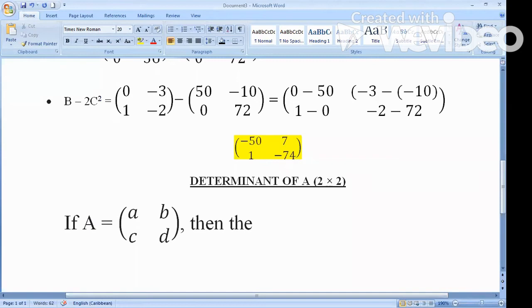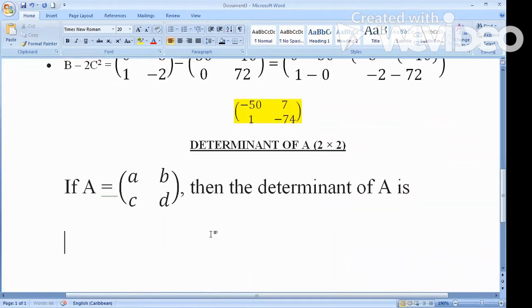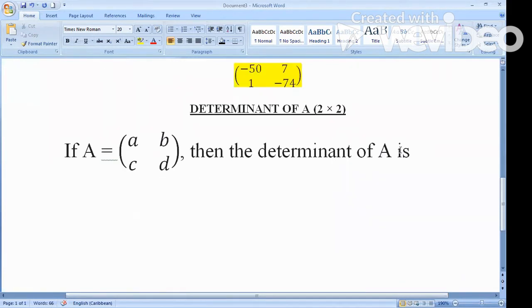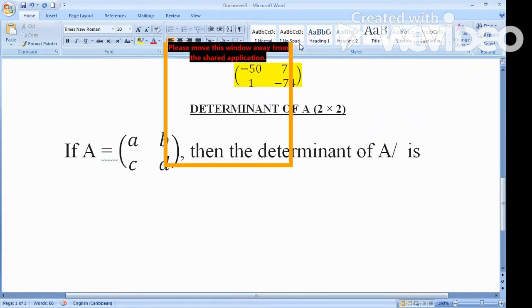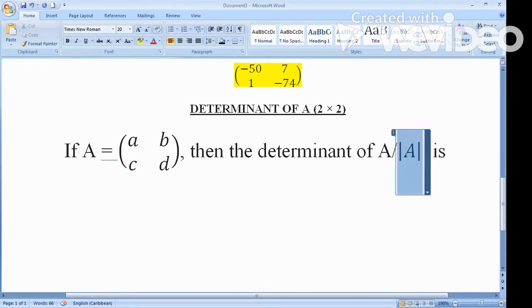Then the determinant of A is, all right, so there are two ways of denoting or representing a determinant.